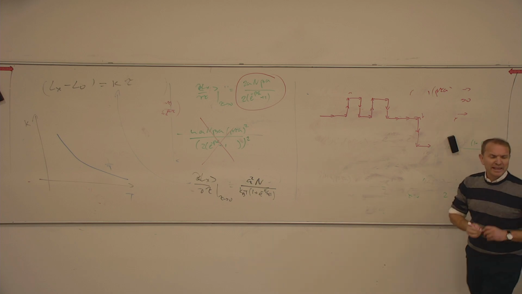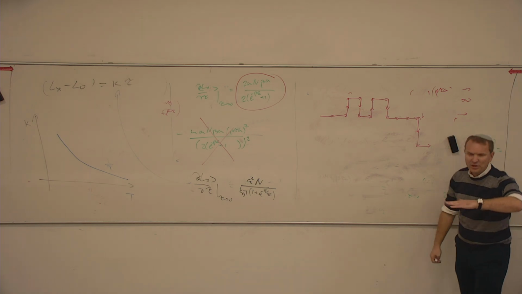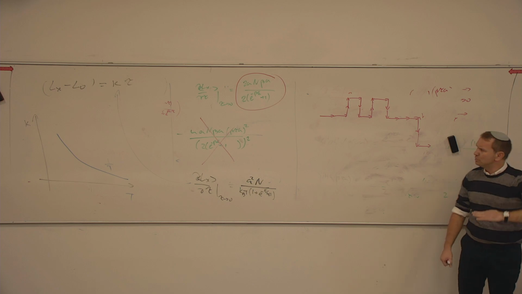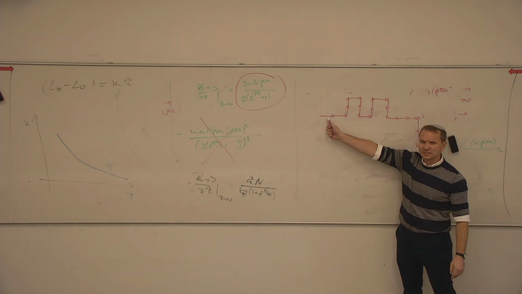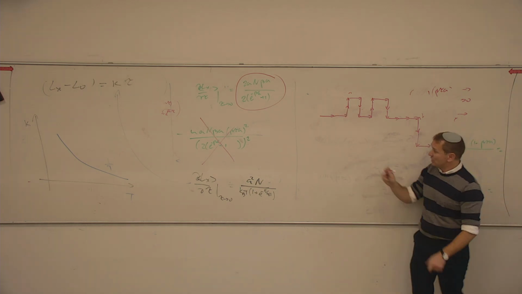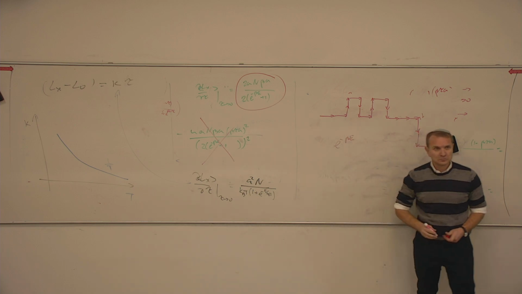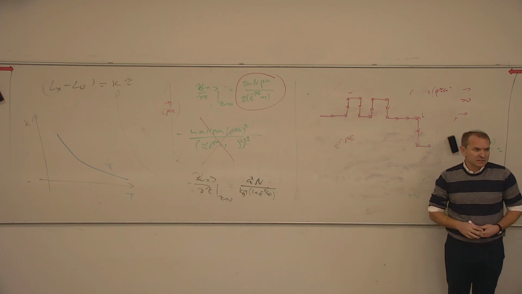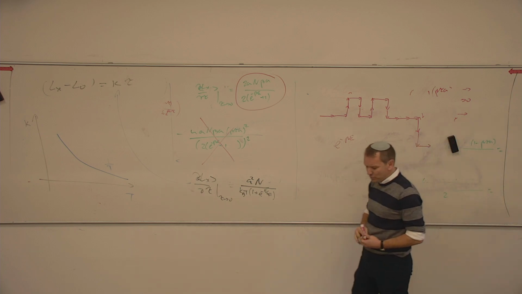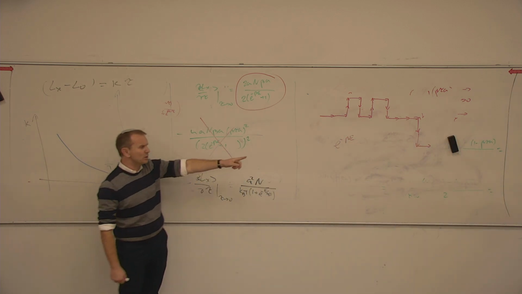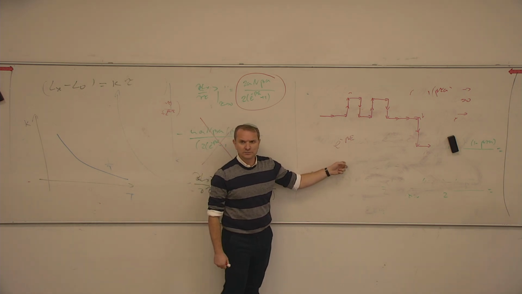What happens when I increase my temperature? Remember, the price that each monomer has to pay in order to be oriented not in the x direction or minus x direction is e to the power minus beta epsilon. There is some specific epsilon, and if I want to be oriented not along the x direction, I have to pay this energetic price.